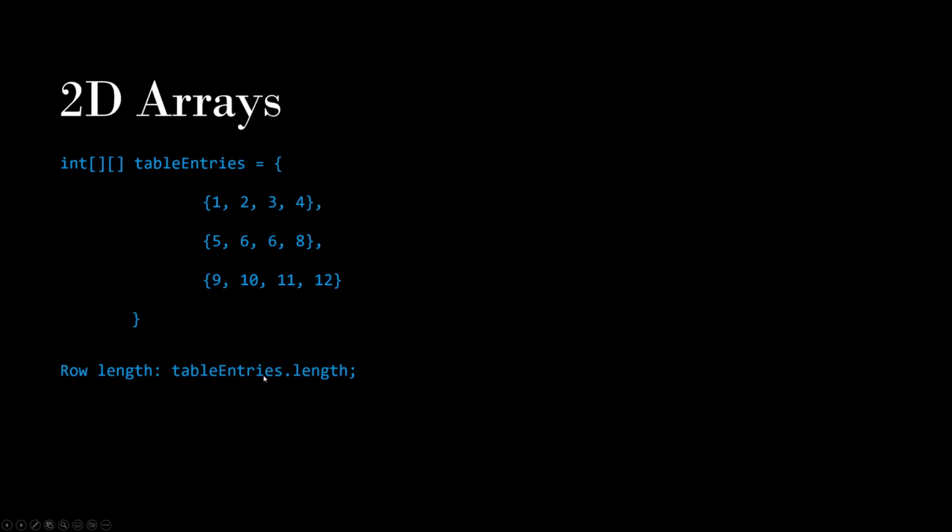Notice that the length gives us the row length. So it says how many elements are in this array, or how many arrays do we have here, and that's 3. To find the columns, we say, all right, looking at the first row, how many elements do we have? In this case, this is 4.